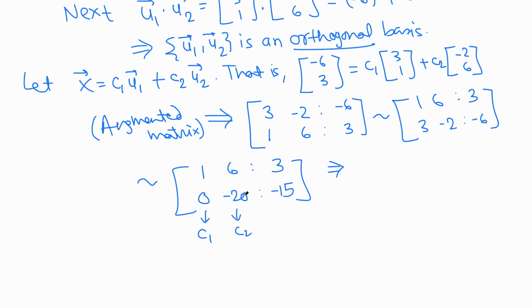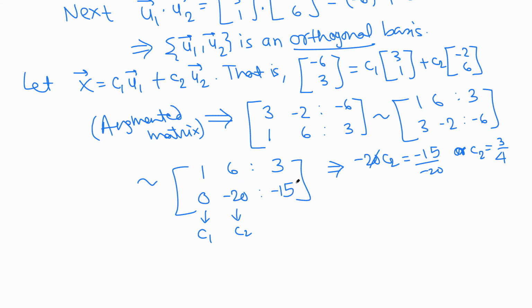This implies negative 20 c2 equals negative 15, so c2 is negative 15 divided by negative 20, the negatives cancel, so 3/4. That's from the second row.